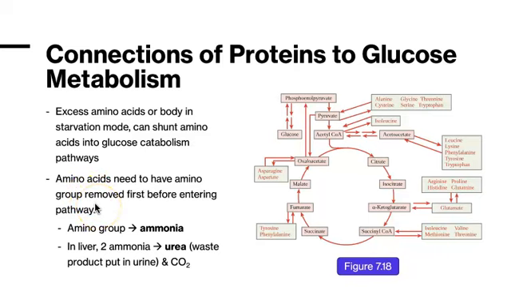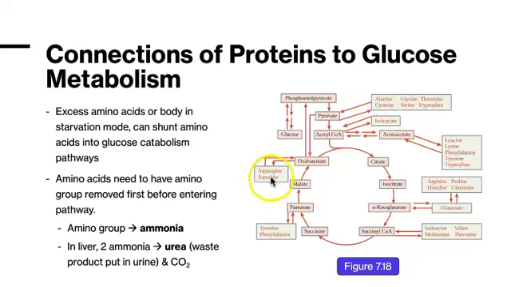What happens to that amino group though? It is going to be turned into ammonia, and in the liver we'll take 2 ammonia molecules and convert them into urea, which is going to be a waste product that we find within the urine. And we have our gas of carbon dioxide that is left over. Now note that we have amino acids that are entering this process in many different places.